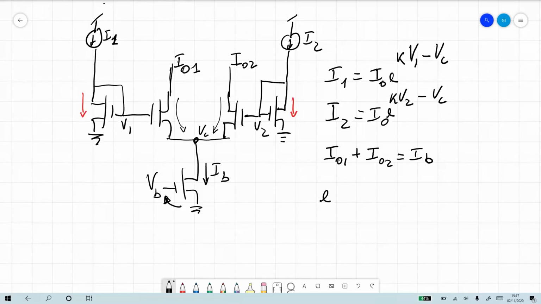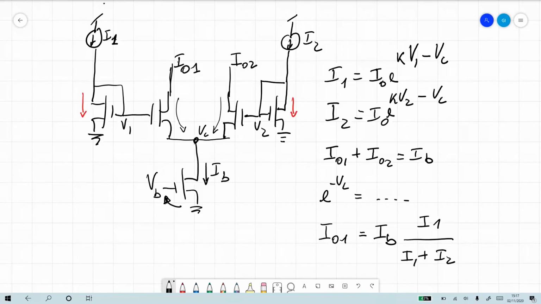So we can derive e to the minus VC is equal to I1 over I0 times e to the minus kappa V1. In the interest of time, I'll skip it. But if we solve for VC, which maybe we can leave as homework, you will quickly realize that IO1 is equal to IB times I1 divided by I1 plus I2.